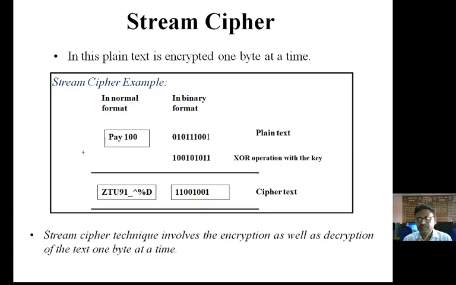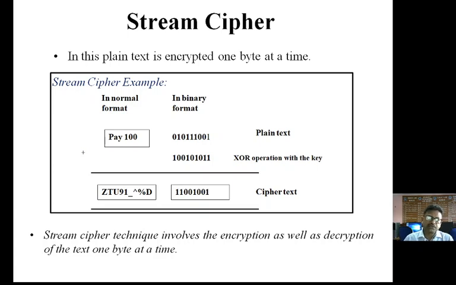Only 1 byte is encrypted at a time, then the second byte, then the third byte, then the fourth byte. Of course, this type of stream cipher is applicable for small messages, or for the type of algorithm or mode we select, which works only on byte by byte encryption or decryption.